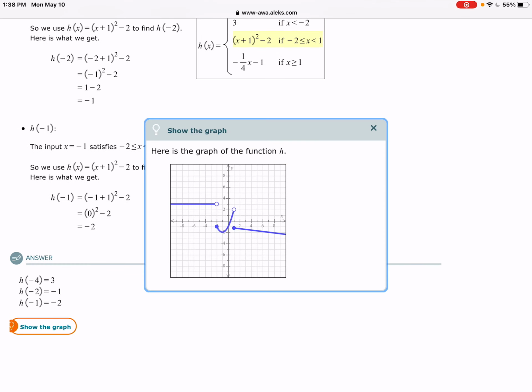It says show the graph. Let's see. Oh, there's the graph. Okay, so cool. I went ahead and connected mine higher. I needed to plug in some values to be more accurate with the actual piece of parabola that's in the middle. But the general idea was there, and we could get the answers from the general idea that I had going. So hopefully that helps.